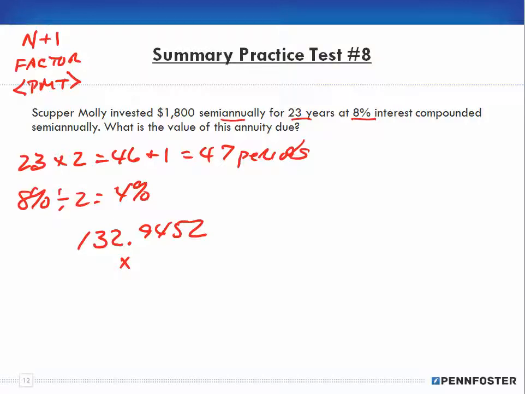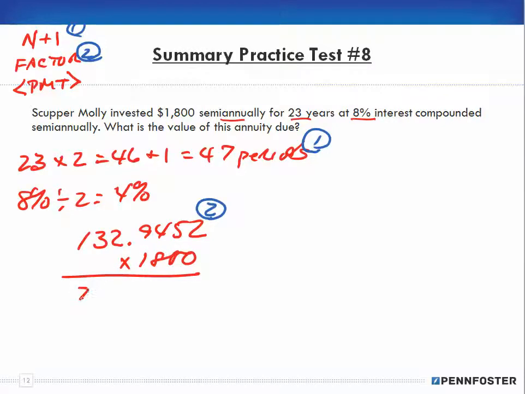Remember, this was step number 1, and this is step number 2. So we multiply the factor by the 1,800, and we end up with $239,301.36. For step number 3, we subtract out 1 payment.